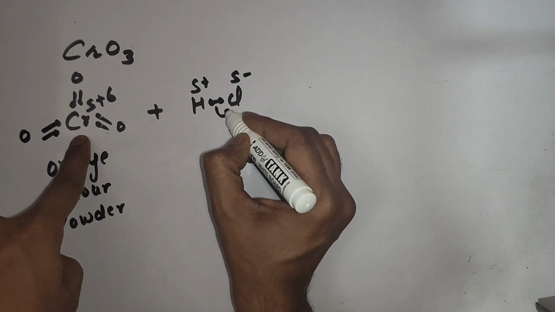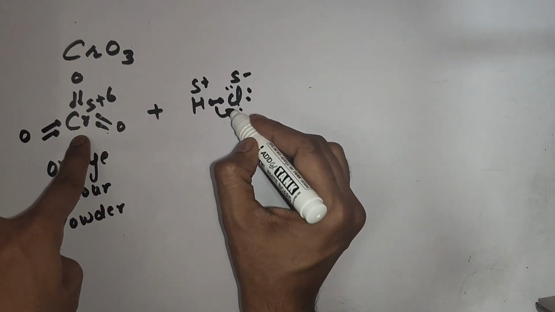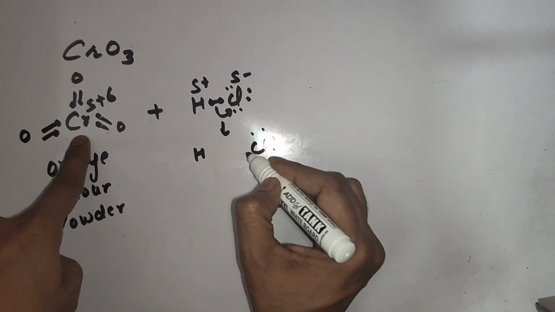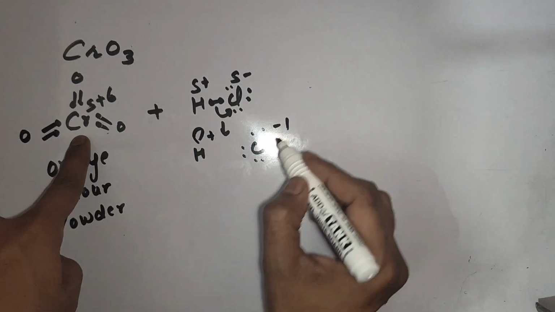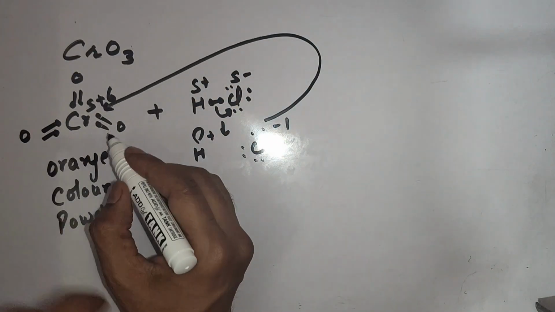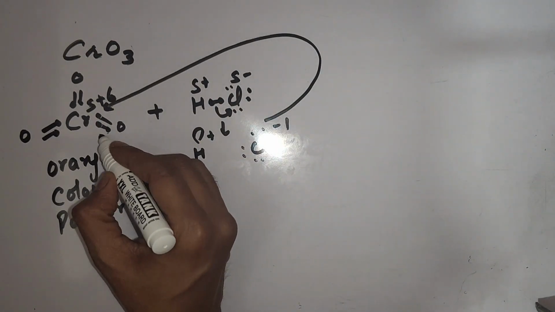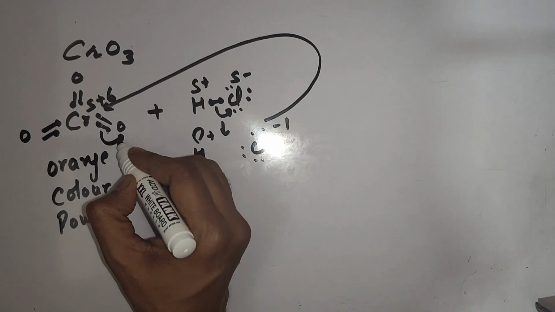The H and Cl bond will break. Cl will release out as Cl negative. H will release out as H positive. So Cl negative will attack on chromium, negative will attack on positive. Obviously chromium can make maximum 6 bonds. So the pi bond will break, and obviously electrons will shift toward oxygen side.